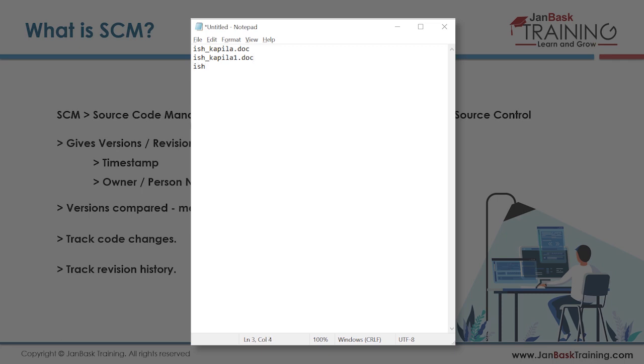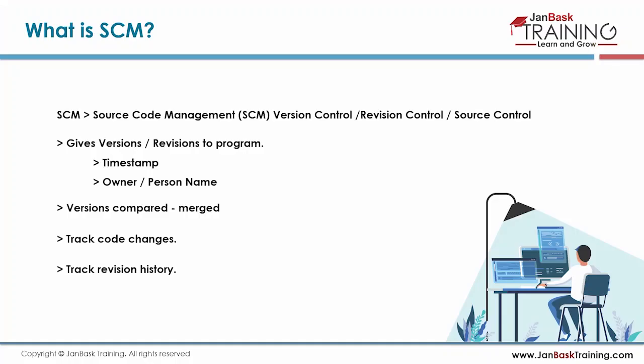Similarly, after 3 days if you save a file by the name ishkapila3.doc, this is the third version of the same file. This is the same way Git works. Every time you update a file, it creates a new version of the existing file and also retains the old versions. So this is what we call SCM.